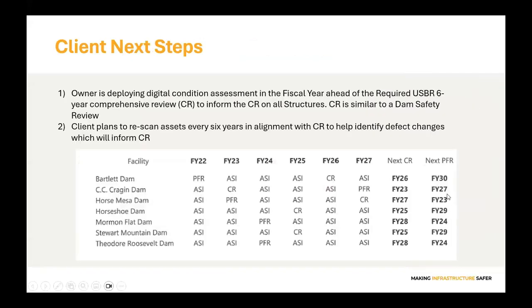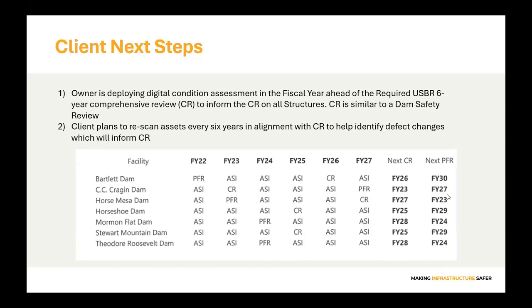This particular asset owner plans to do the following. The asset they own is owned by the Bureau of Reclamation in the United States. They're on a 6-year comprehensive review cycle. It's similar to the 5-year dam safety review that we do in Canada. What they plan to do is implement this technology every 6 years ahead of the CR, the comprehensive review.